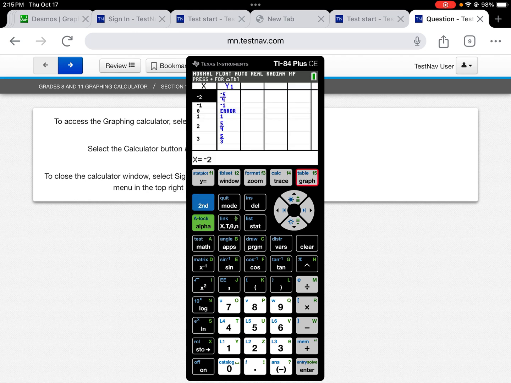If I look at my axes, notice here I have -1, -1, my ordered pairs, and here I have 1, 1. Here I have 2, 5/4. Here I have -2, -5/4. Here I have -3, -5/3. Here I have 3, 5/3. So for sure it is an odd function.